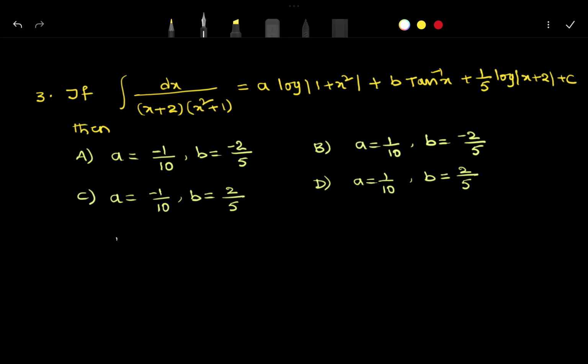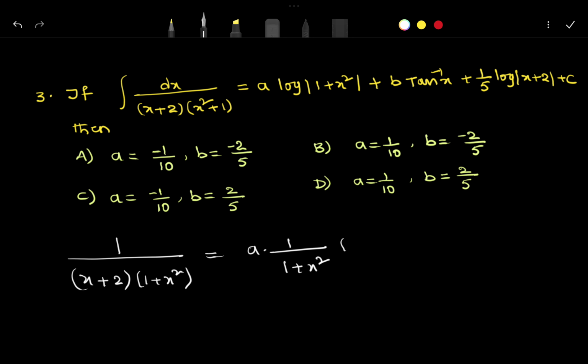You will get 1 whole divided by (x plus 2) into (1 plus x square) is equal to a into log of (1 plus x square), derivative is 1 by (1 plus x square) into 2x, plus b into tan inverse x.